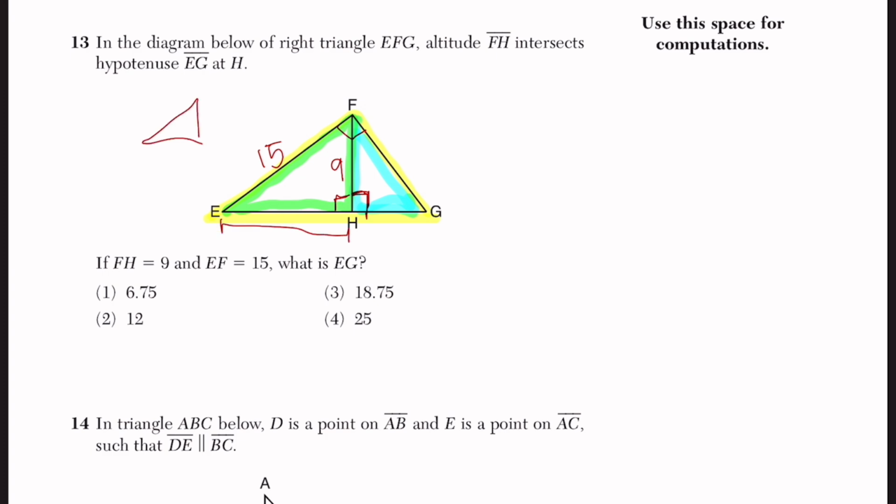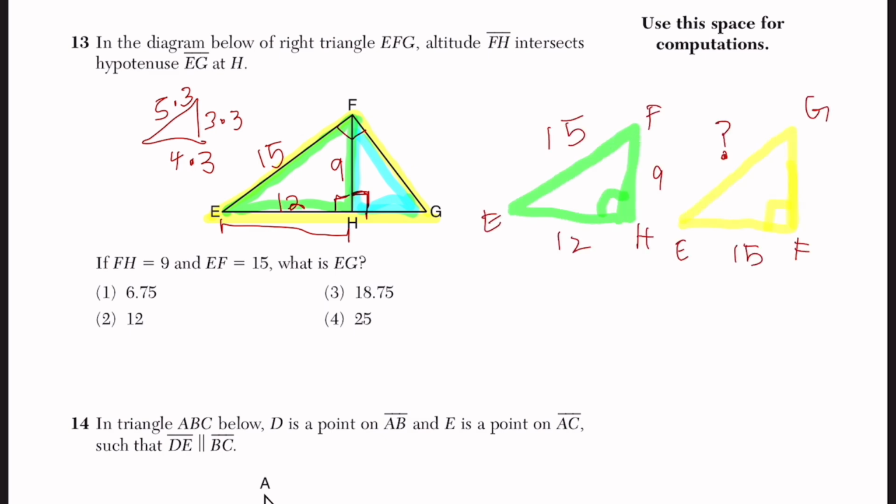So based on the 3, 4, 5 triangle, we can say that this side value is going to be 12, since 5 times 3 is 15, 3 times 3 is 9, and 4 times 3 is going to be 12. Since we know all the side values for this smaller green triangle, we can put it into proportion to find the side values. Okay, just to help you visualize the similar triangles better, we can draw out the 2 triangles right here.